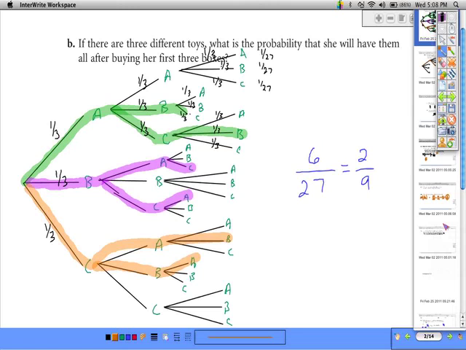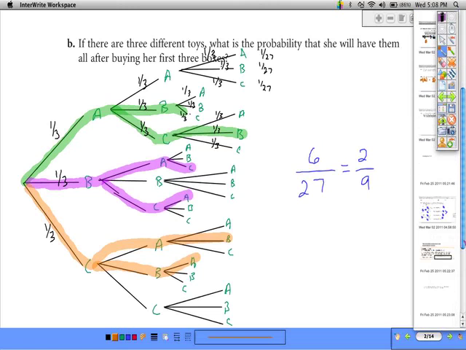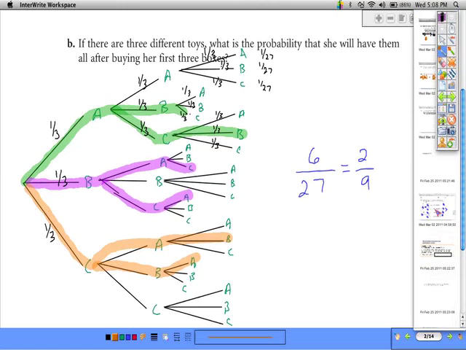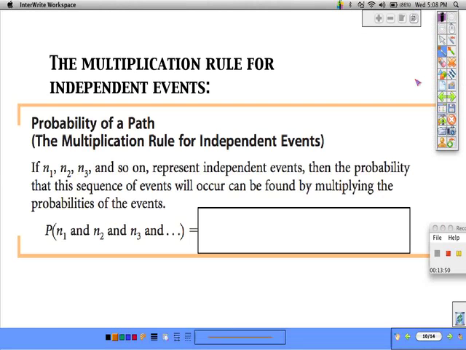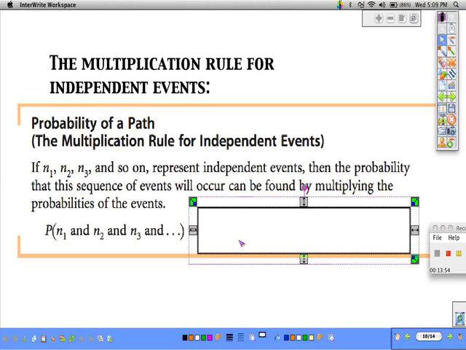And if we look at the tree that we filled in, here, 1/2 times 1/2 is 1/4. And that leads us to the multiplication rule for independent events. Those openings of boxes, because the probability remains constant, those events are independent.